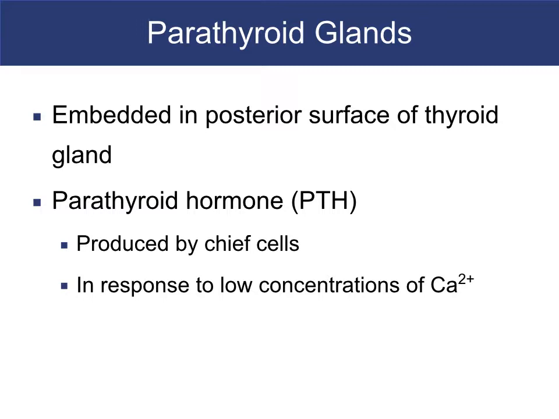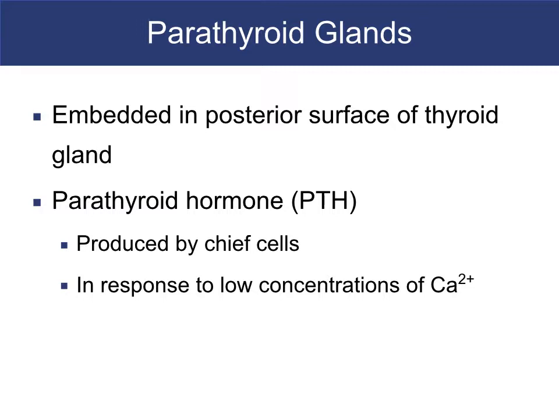Parathyroid hormone is made in response to low concentrations of calcium. So parathyroid hormone causes your calcium levels in your blood to go up. If you go back to the early chapters when we were talking about bone, you'll see that parathyroid hormone raises calcium levels, and it works in 3 ways, I believe.